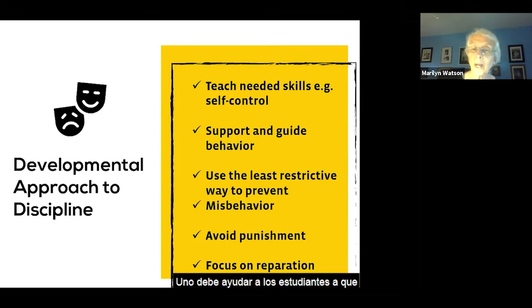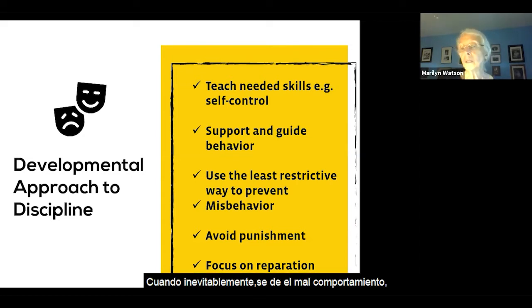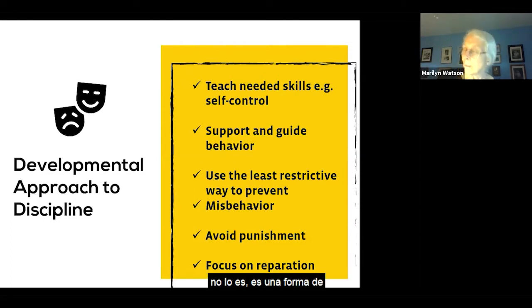Rather, one has to help students see the importance, the goal, the joy of helping someone, of being kind, of being moral. When the inevitable misbehavior occurs, to focus on reparation. Again, you might think of reparation as punishment, but in fact, it is not punishment. It is about undoing harm you have done.